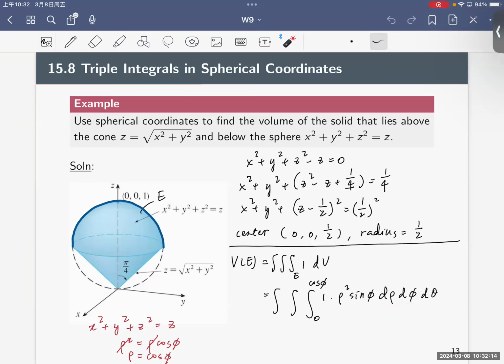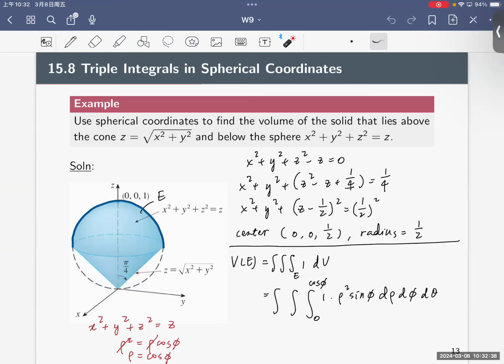We know phi is the deviation from the positive z-axis. Although this angle is given from the figure itself as pi over 4, can you find the measure of this angle if pi over 4 is not given to you?